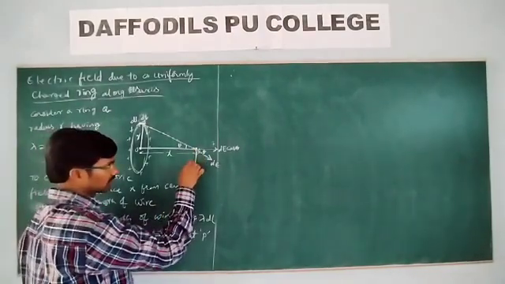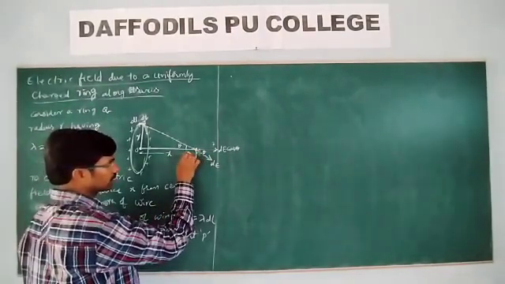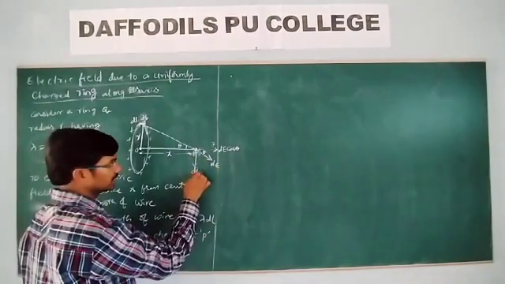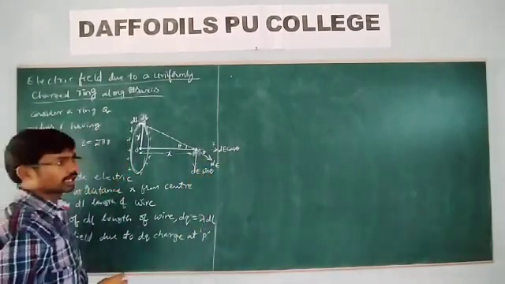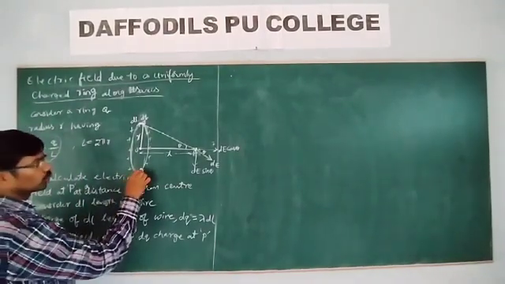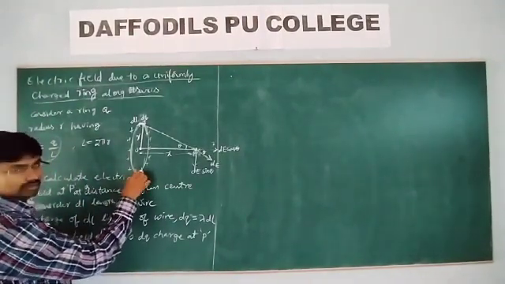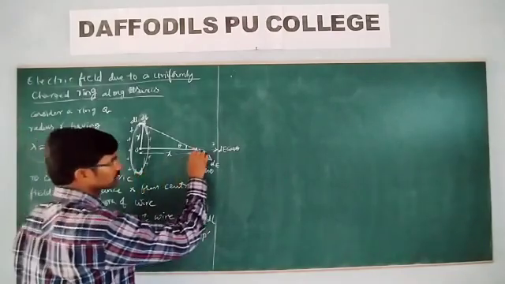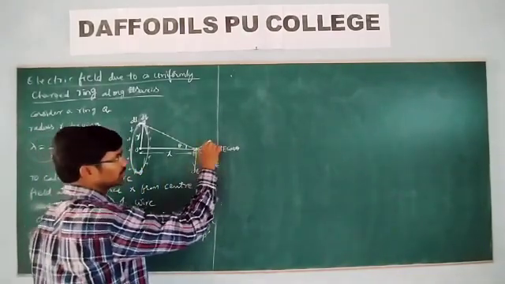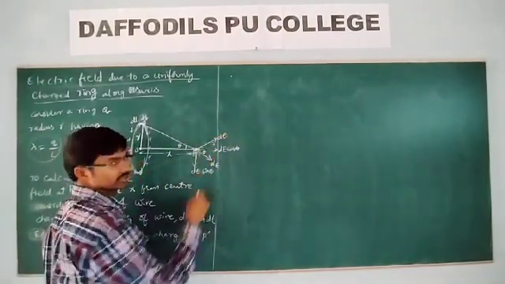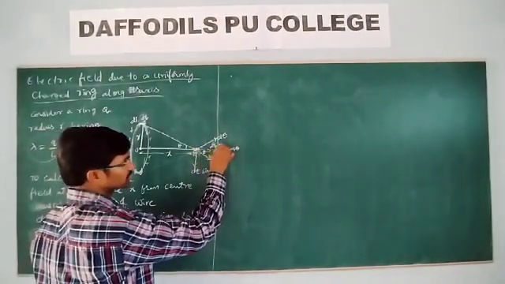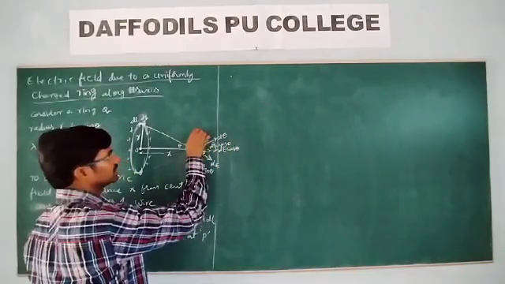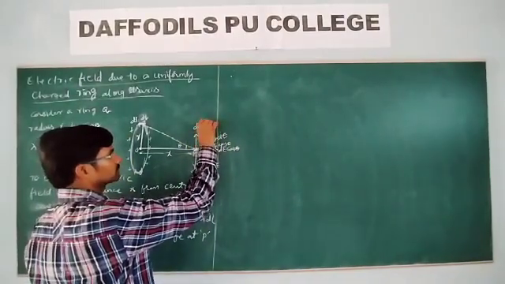And the perpendicular component is dE sin theta. Similarly, take one more dl length of the ring; due to this also you get an electric field dE in the same way, with dE cos theta along the axis and dE sin theta perpendicular to it.